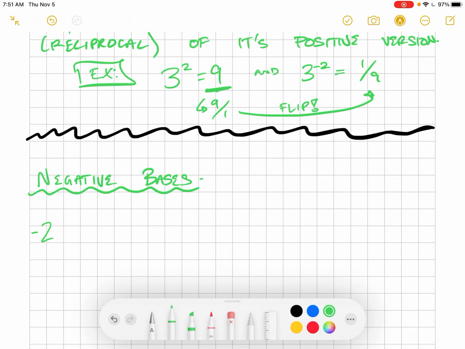Negative 2 to the third power. Negative 2 to the second power. Negative 2 to the first power. Okay? Negative 2 to the 0 power. Negative 2. Let's leave it at that. Let's not get into negative exponents on those. So in fact, let's just spread these out a little bit.